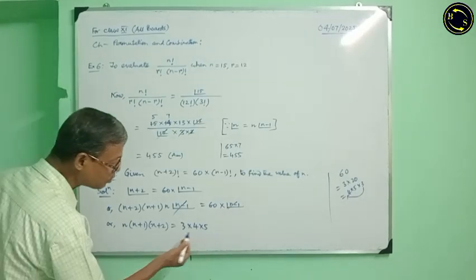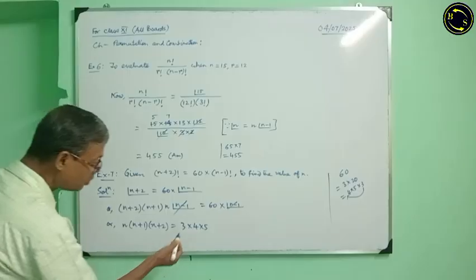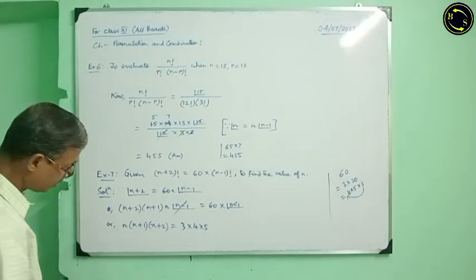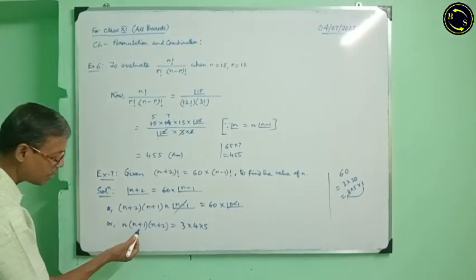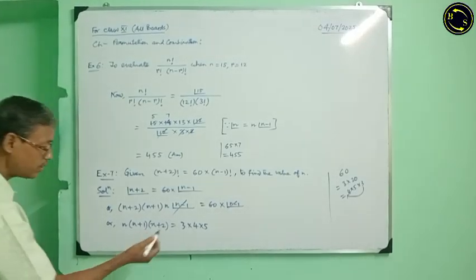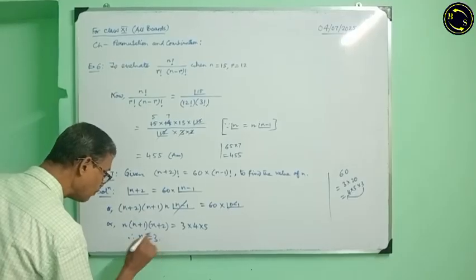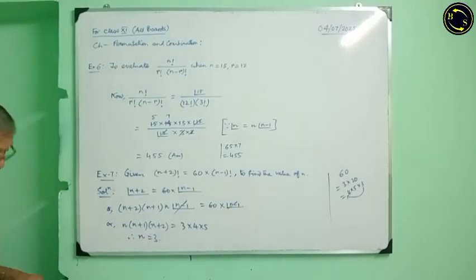On the right side also, product of three successive numbers. 3 is the smallest one. On the left side you see n plus 1 is greater than n, n plus 2 greater than n plus 1. Therefore, value of n will be 3 in this case.